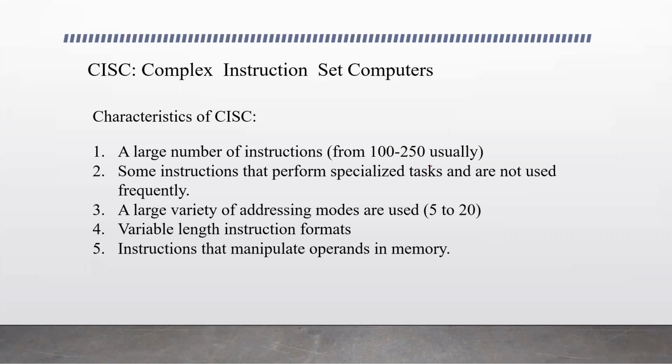If the computer has that many, it is classified as CISC. It also includes some instructions that perform specialized tasks and are not used frequently, which other computers cannot perform, that are also available in the CISC.